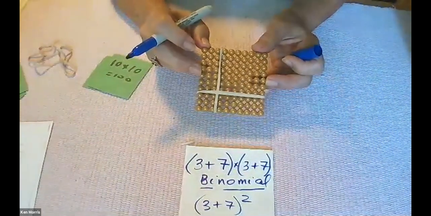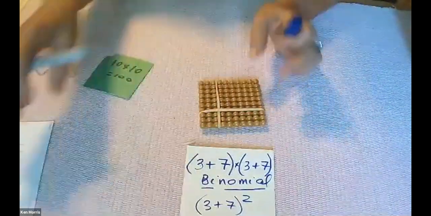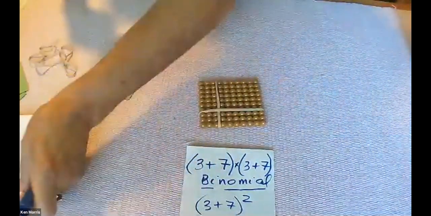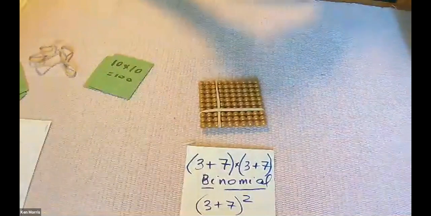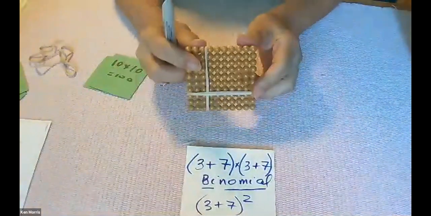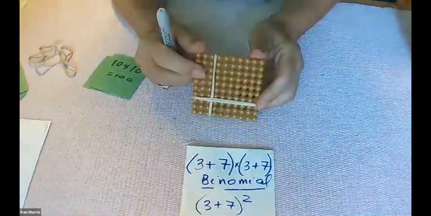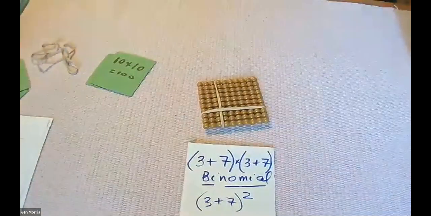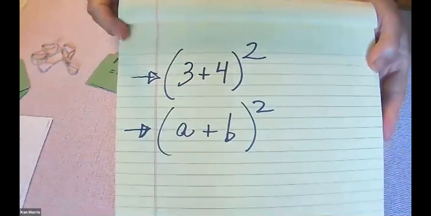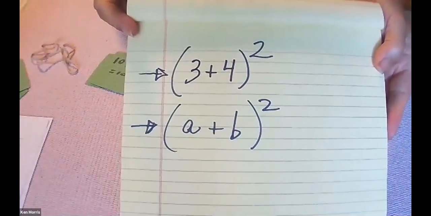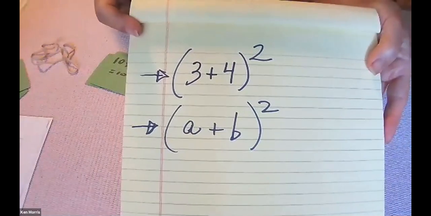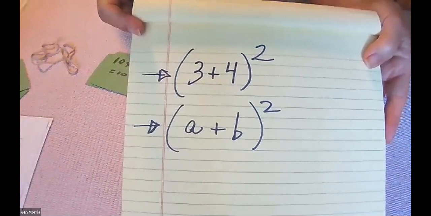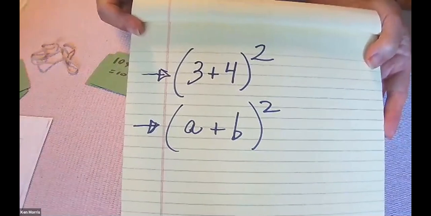Just keep in mind what I said before about the squaring of the binomials. I hope you were here for that at the beginning, where I talked about this right here. This is the kind of thing we learned in algebra, okay? We were taught that a plus b squared equals a squared plus 2ab plus b squared.